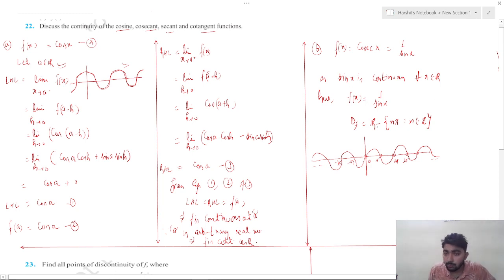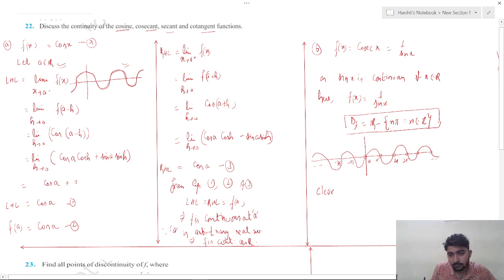So we need to remove these from R, and hence this is the collection of all the elements on which f is defined, and hence it is the largest subset of R on which f is defined, so it is called the domain of the function f, that is 1 upon sine x. Okay, now the continuity of the function.